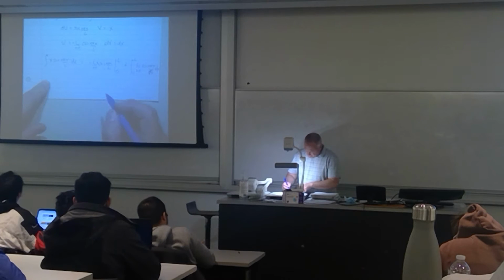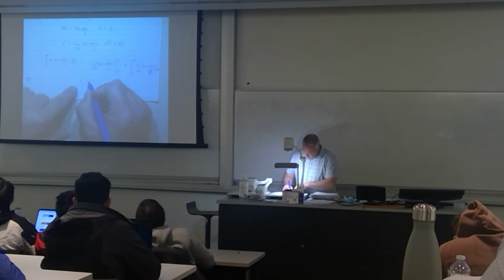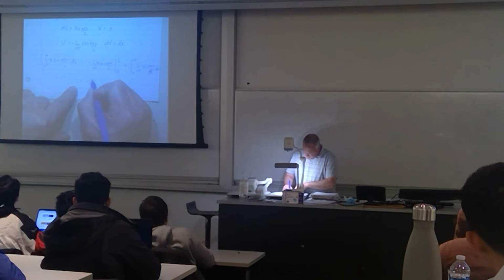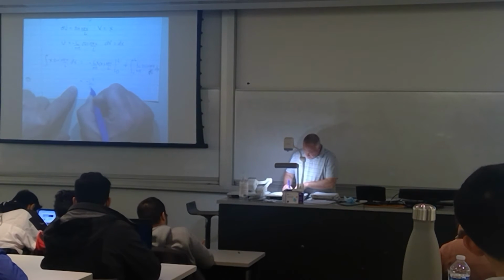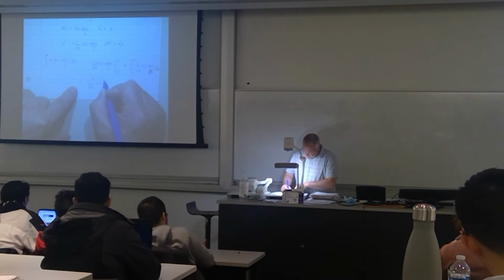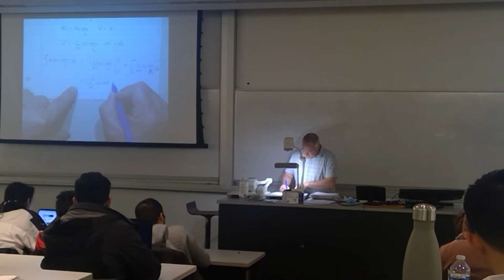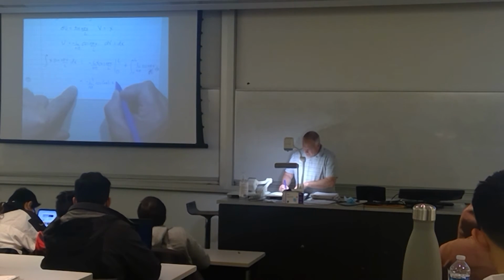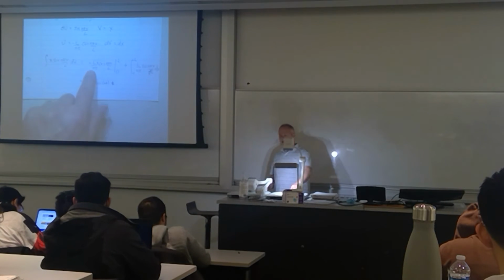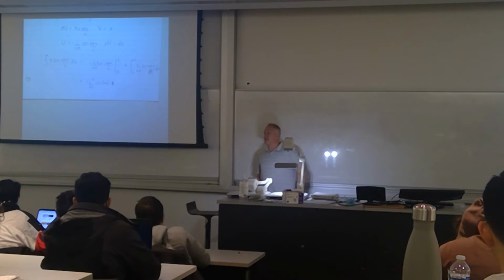This is going to be equal to minus L squared over n pi cos n pi. Now it's minus minus, so it's plus. Oh, and then 0, because x at 0 is 0, so that term goes away for us.